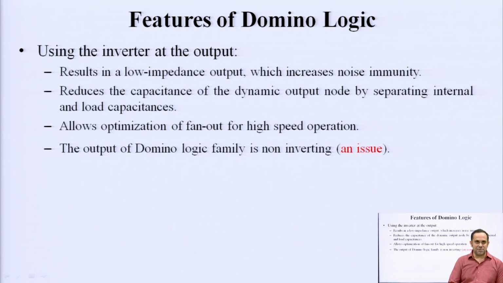See, one of the major differences between a static circuit and a dynamic circuit was static circuits have better noise immunity, okay, because even if you have a higher noise environment, the output remains stable for more amount of time in a static circuit. So, when you have added a static inverter in the middle, you are actually increasing the noise immunity, and you are providing a low impedance output because the output itself is logic 0.